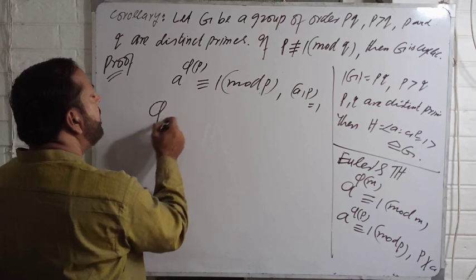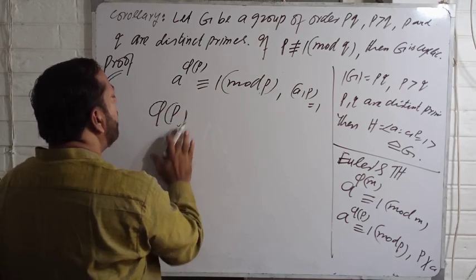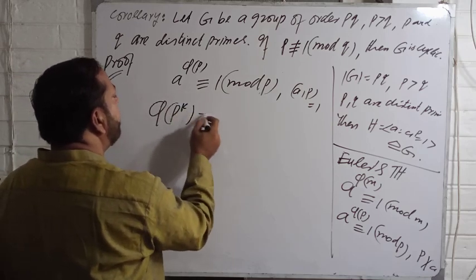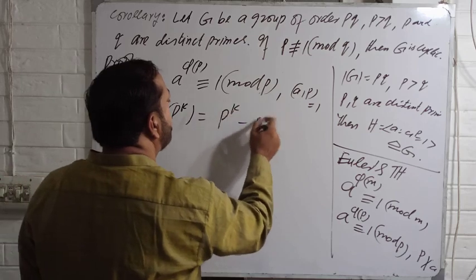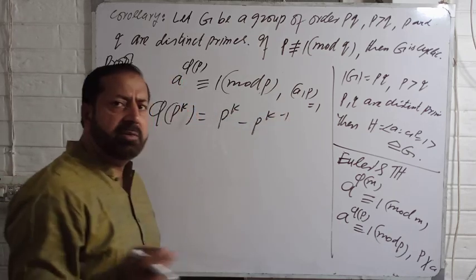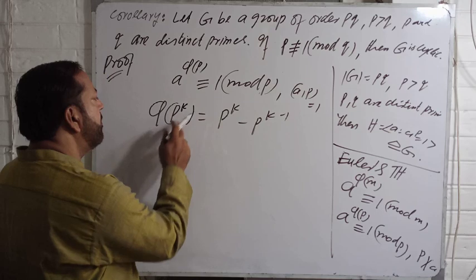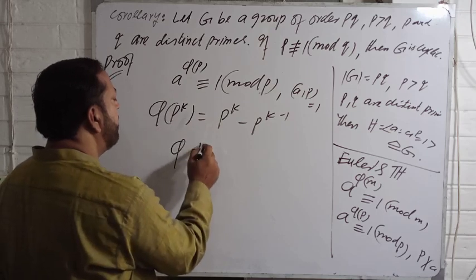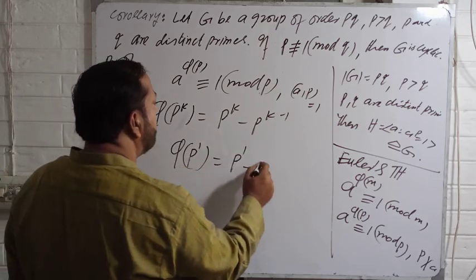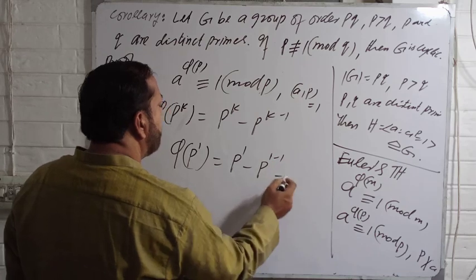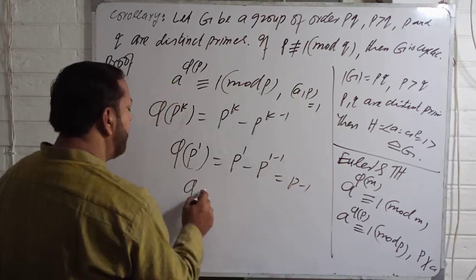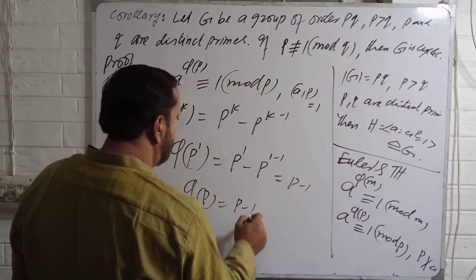A general result is that phi of P^k is equal to P^k minus P^(k-1), where P is prime. So for k equal to 1, that is P^1 minus P^0, which is P minus 1.